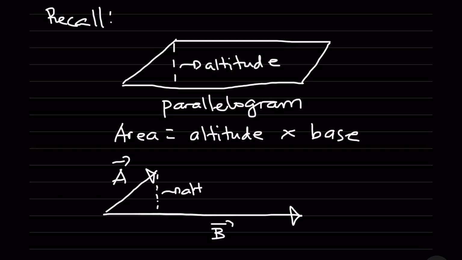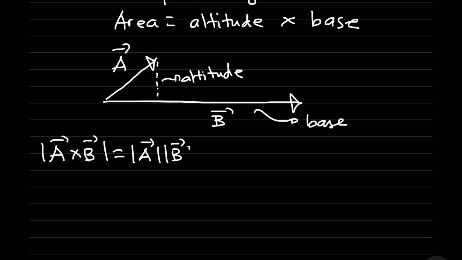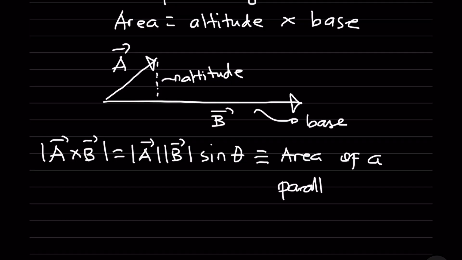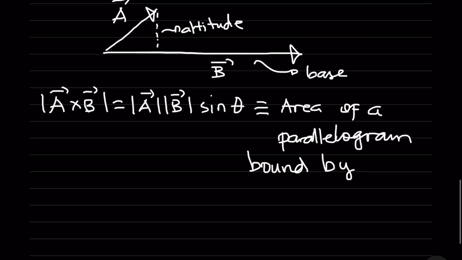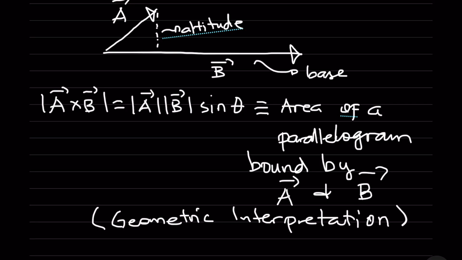So if you compare that to the figure that I have shown earlier, this is actually similar to multiplying the component of vector A that is perpendicular to vector B. So here we see that the magnitude of the cross product of A and B is actually the area of a parallelogram bound by vectors A and B. Again, this is the geometric interpretation of the magnitude of the cross product of A and B.